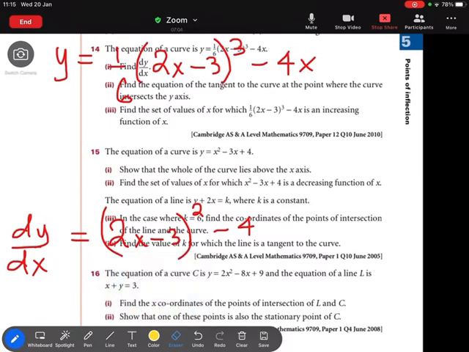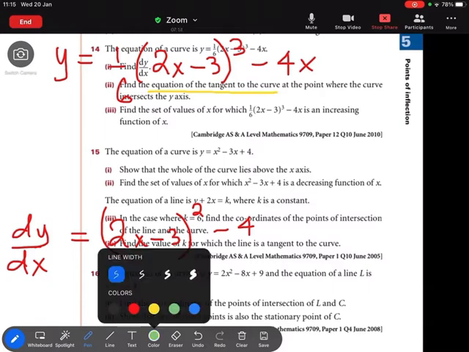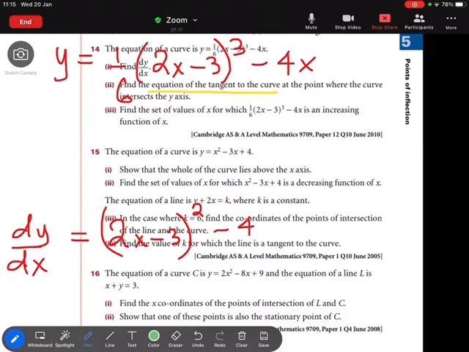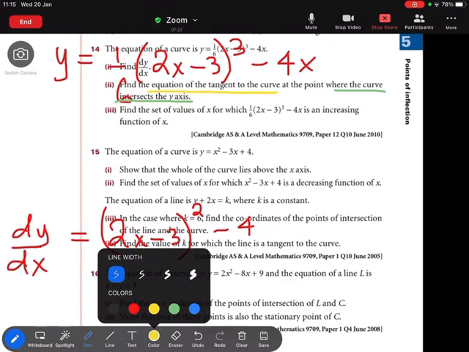First, we are being asked to find the equation of the tangent to the curve, and secondly, we are being asked at which particular point, where the curve intersects the y-axis. So we are going to do the first part, whereby we find the equation of the tangent.